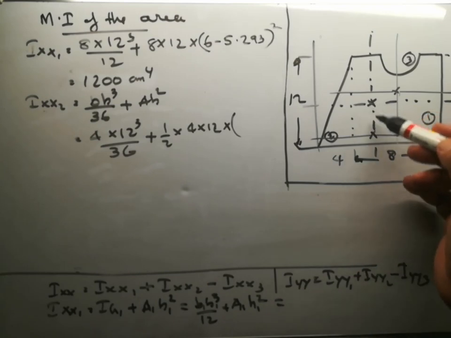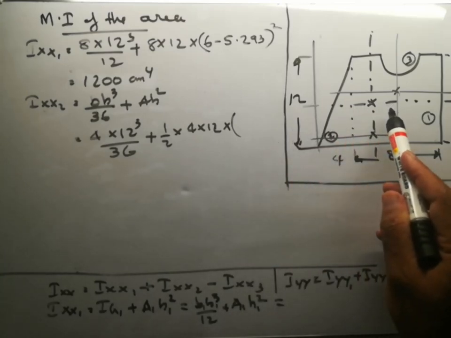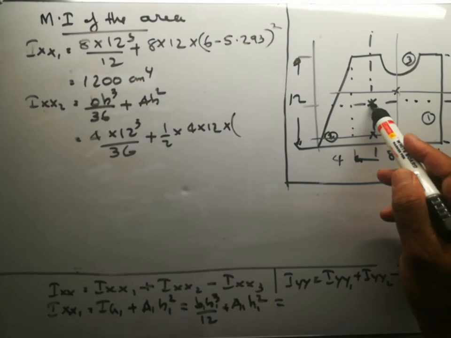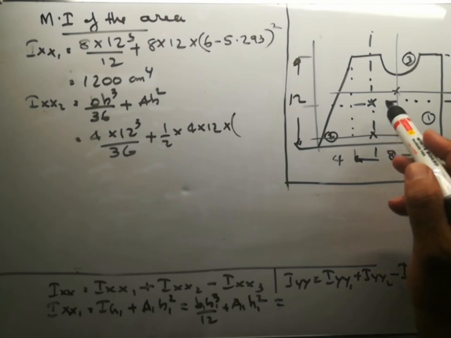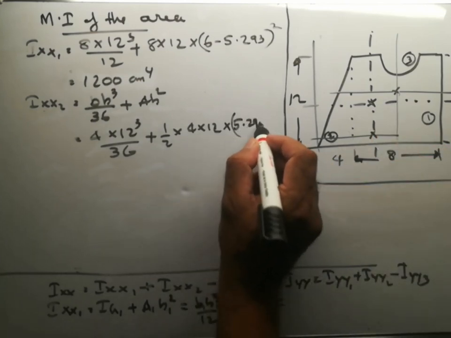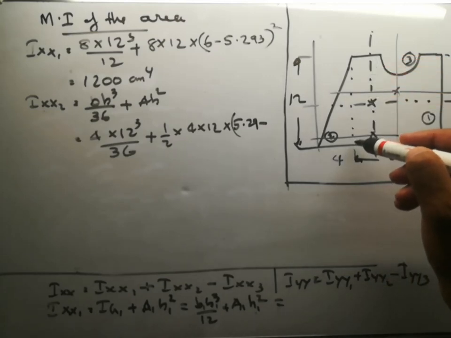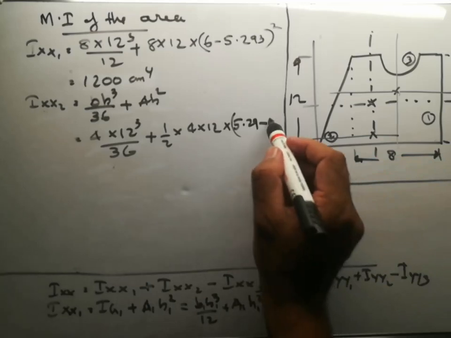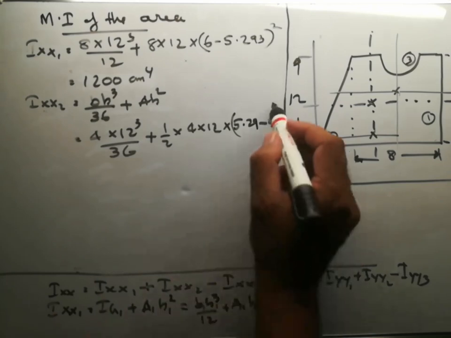H2 is this distance. This height is 5.293 minus this distance, which is 12 by 3 equal to 4, squared.